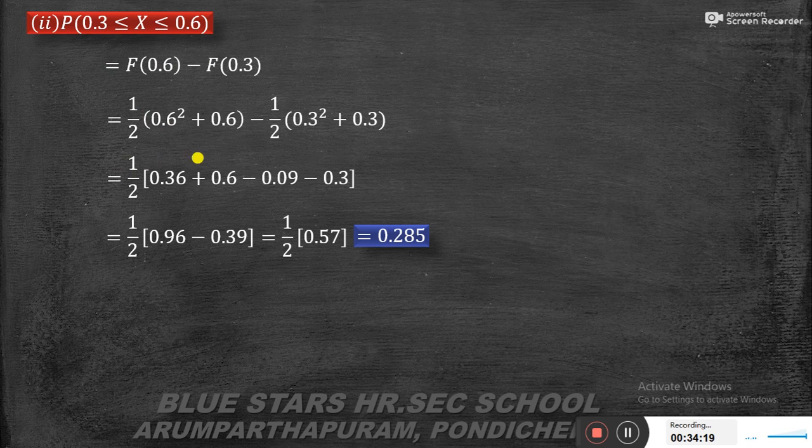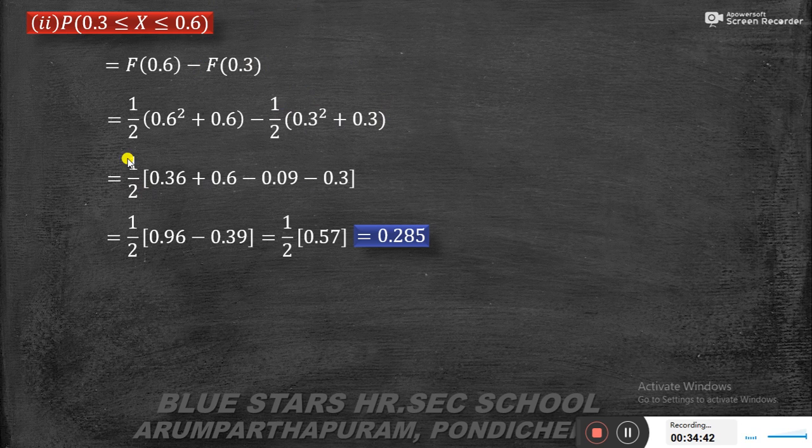The function is 1 by 2 x square plus x, so with x equal to 0.6 we get 0.6 whole square plus 0.6, minus the value at x equal to 0.3, which lies in the same interval, 0.3 whole square plus 0.3.